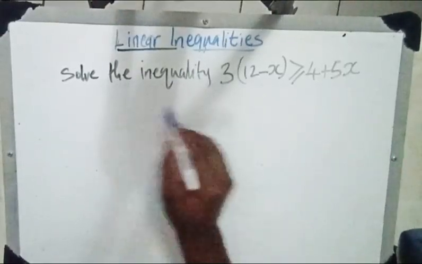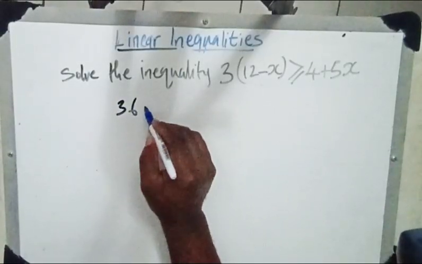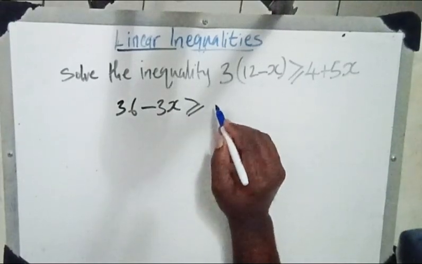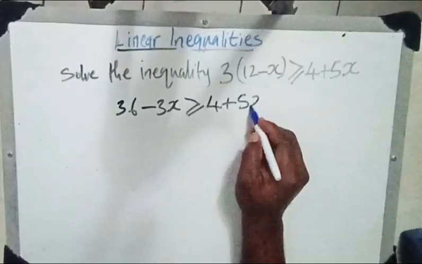We open up this bracket, and that gives us 36 minus 3x greater than or equal to 4 plus 5x.